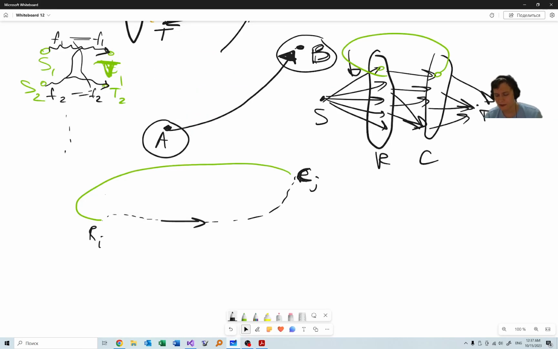Okay, let's revise. Do I really need to cancel negative cycles? I want maximum cost circulation, so I need the minimum cost circulation in the inverted graph.